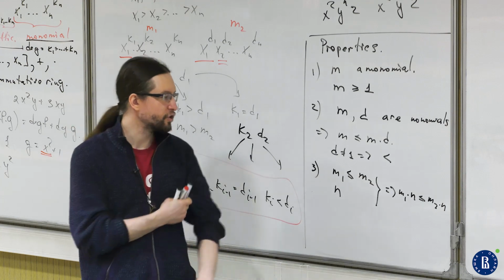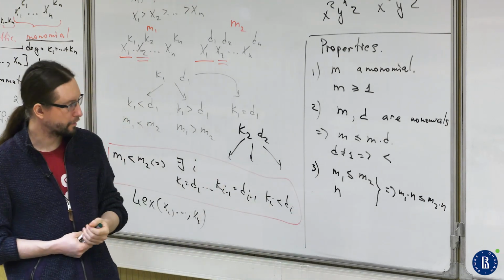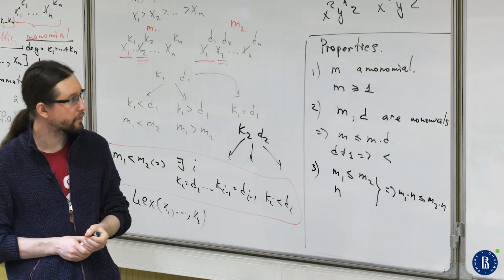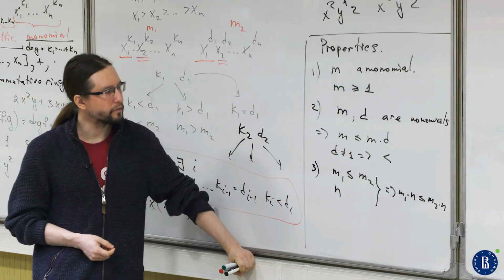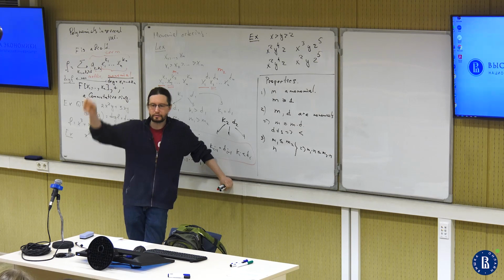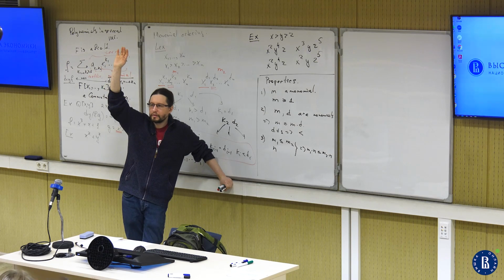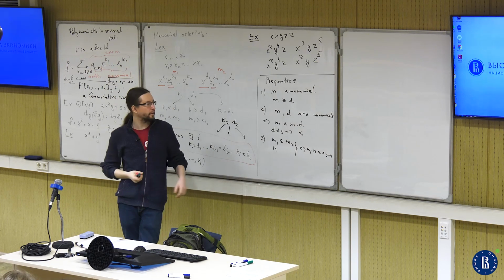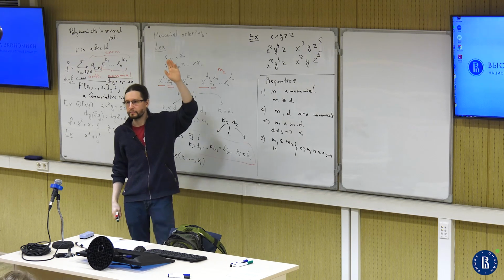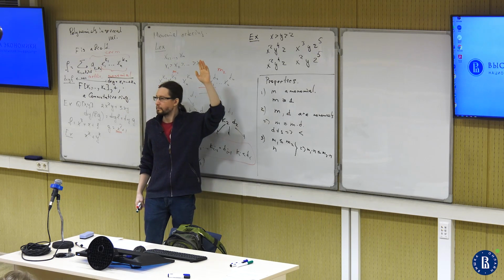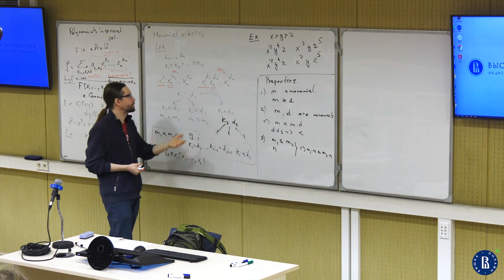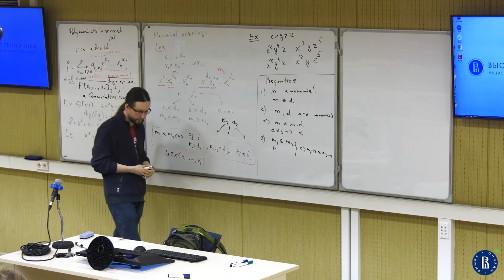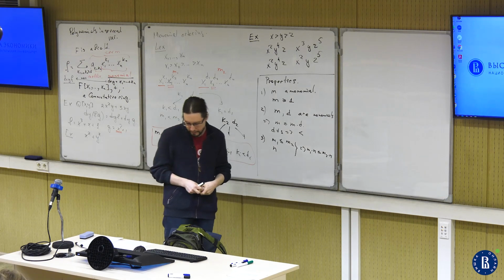So multiplication preserves this ordering. These are the properties. Just in case, who thinks that all these properties are clear? Is there anyone who thinks that at least one of them requires a proof? Okay, I hope not. This should be clear just by the definition, or it's just a simple exercise.